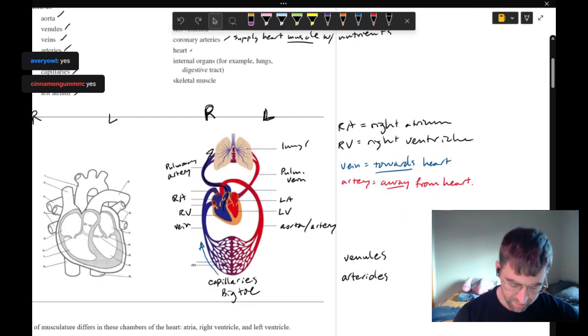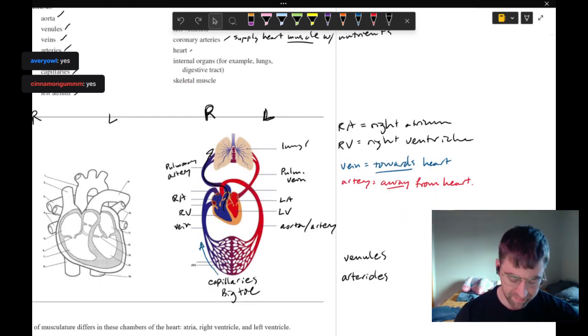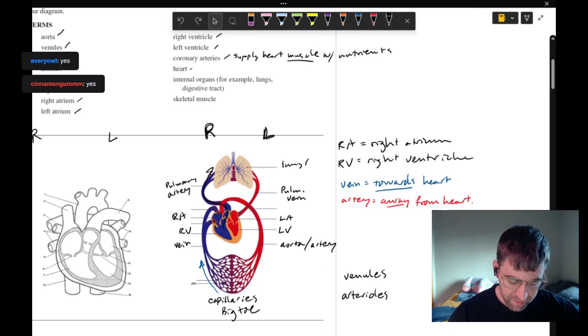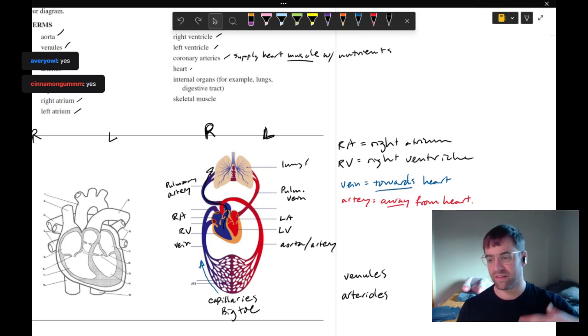My tablet's misbehaving a little bit, but it looks okay on the stream. So other internal organs like your digestive tract, your liver, your pancreas, all of these require blood to function as well and have their own capillary networks associated with them that branch off of the aorta.